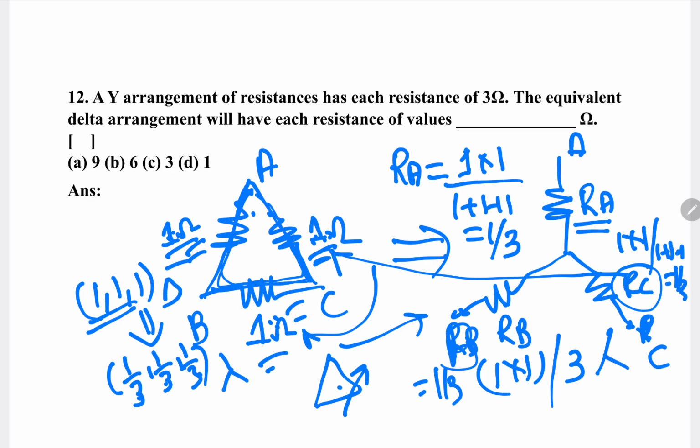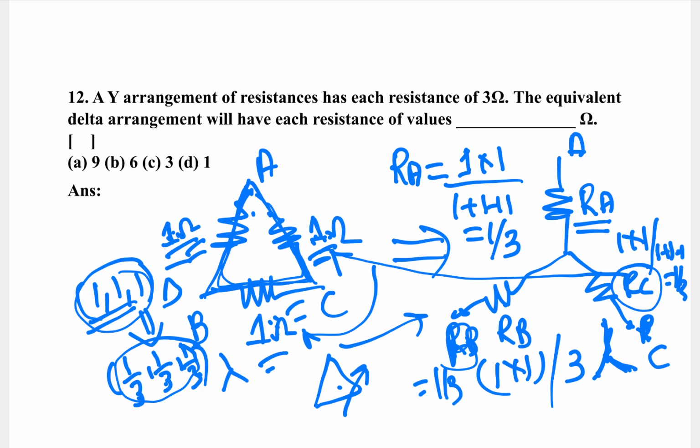The star network, the T network, is open, so less value. More value 1 1 1, less value 1 by 3, 1 by 3, 1 by 3. Whenever you change from delta to star, the values decrease. When you change from star to delta, the values increase.